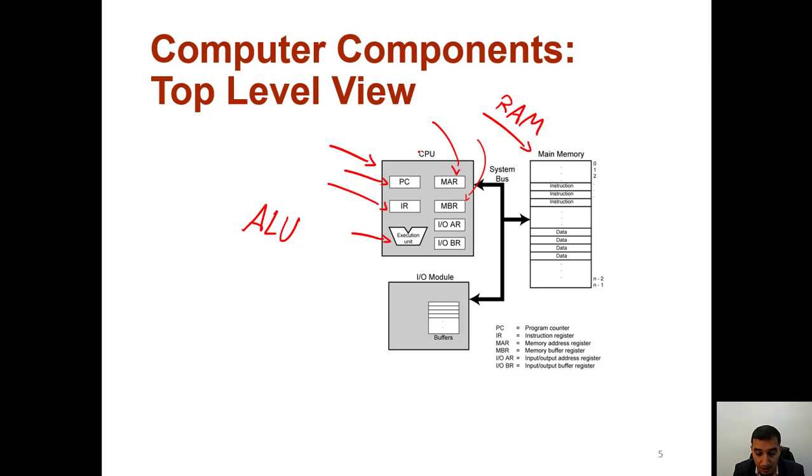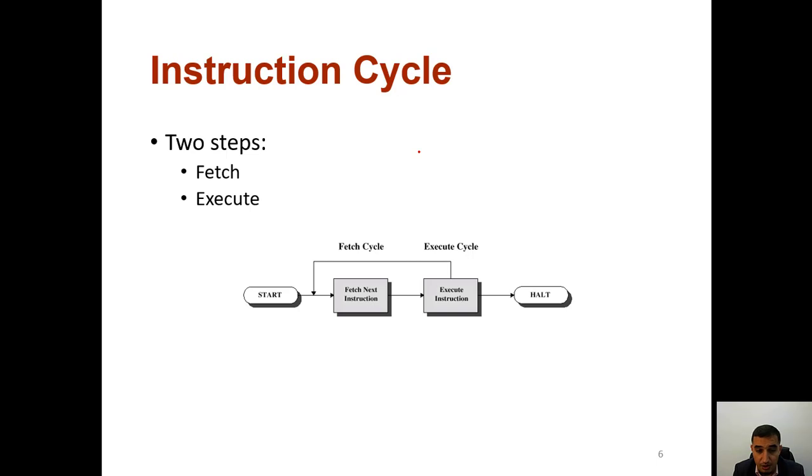When it comes to an instruction cycle, and this is our focus for today, we usually think about it as a two-step cycle, which is fetch and execute. What do we fetch? We fetch the instruction. From where? From the main memory. How? Using the instruction register and the program counter.